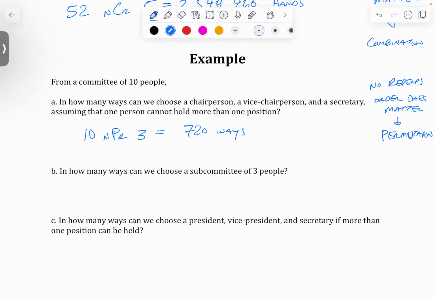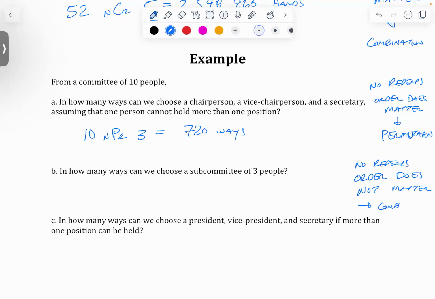In how many ways can we choose a subcommittee of 3 people? Now, notice here, subcommittee, that means I'm just selecting a committee of any 3 people. So once again, no repeats. This is humans. Order does not matter.